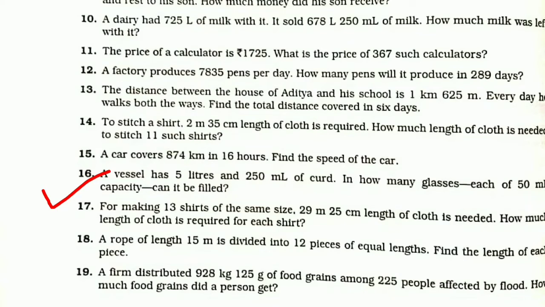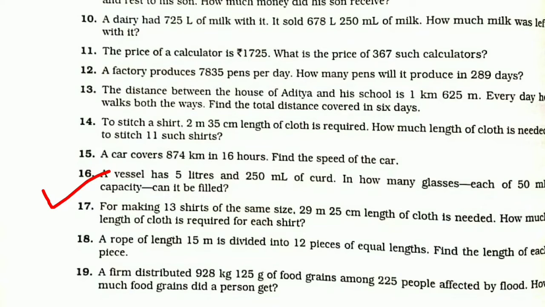Here 5 liter and 250 milliliter is the total capacity of the vessel. Now here some small amount is also given, that is the capacity of the glass. So for finding it, we divide the total capacity of the vessel by the capacity of the glass.